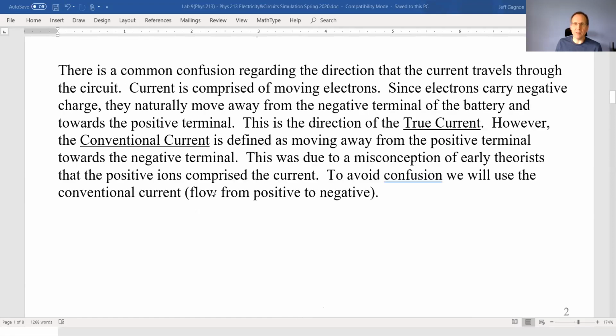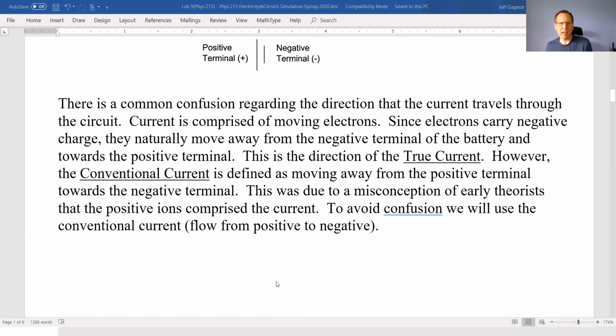But many years ago, I believe this was Ben Franklin, it was just assumed that it was the positive charges that moved. So the conventional current is defined as the movement of positive charges, even though in reality we know there are no positive charges that move; it's the electrons, the negative charges, that move.